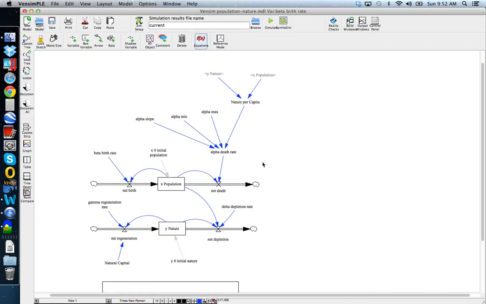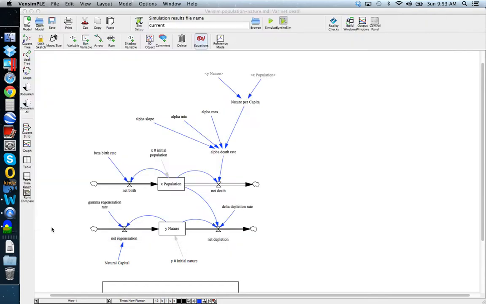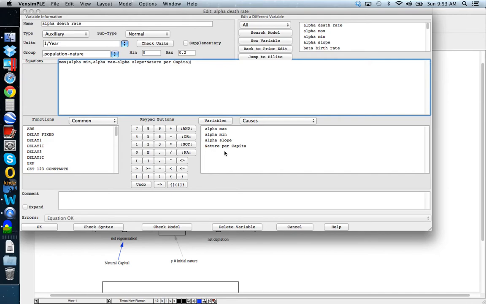The death rate, you will see that it's the product of a rate of death coefficient and population, and it's got units of people per year. And the key to this model and the feedback comes through the death rate, because the death rate is limited by, see here it is, it's limited by the nature availability per capita.